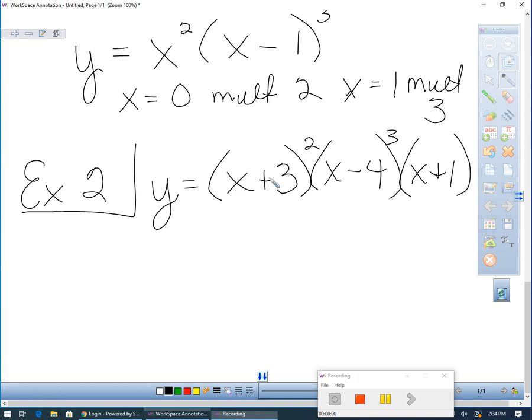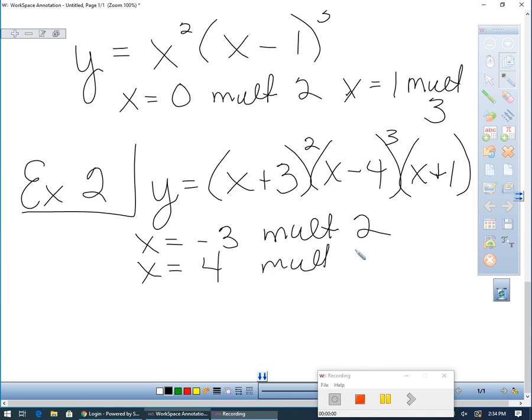Okay. So we start with the first parenthesis. Set that equal to 0. I get x equals negative 3 with a multiplicity of what? Perfect. Second parenthesis, I get x equals 4. Yeah, multiplicity is 3. The last one I get x equals negative 1. And because it's to the first power, you don't even have to write multiplicity 1. That's it. Okay? All right.